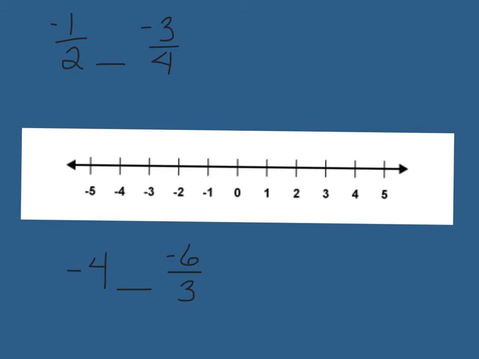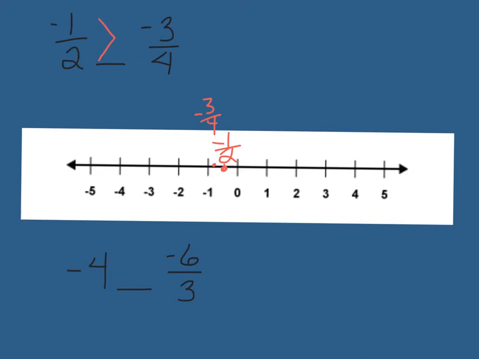I would put -1/2 right here, -1/2, and then -3/4, that's going to be even closer to this one, so it would be here. I'm going to put that right up here, -3/4. So which one is farther to the right? It would be my -1/2, so that's the greater one.